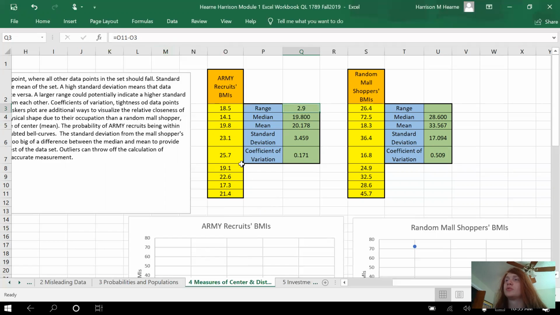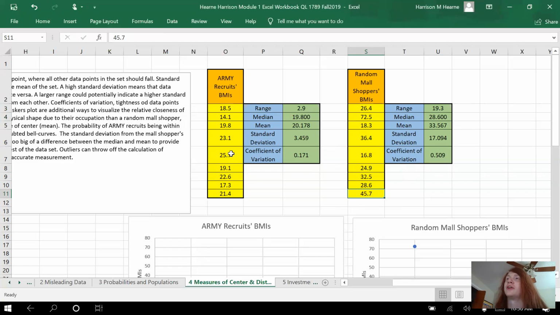So all those numbers are pretty closely packed together. If we go over here and we do the same thing that we did in the other data set, you will see that this range over here is much bigger. It's 19.3, the difference between the largest entry and the smallest entry.